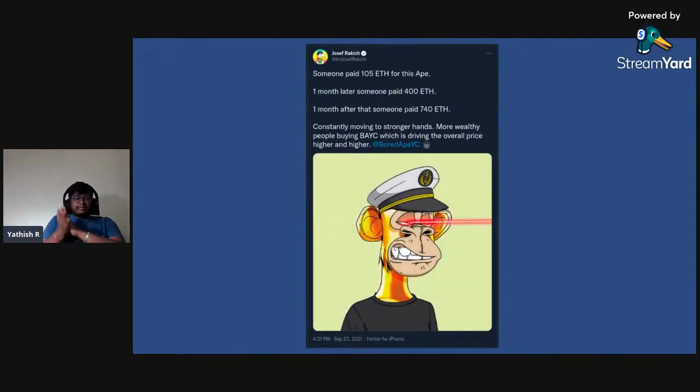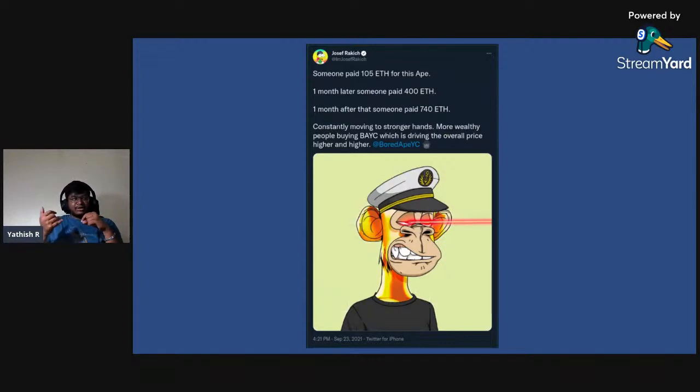This is the official tweet put out by the person who just bought this. To start with, this particular image was worth 105 ethers. After a month they sold it for 400 ethers. After another month they sold it for 740 ethers. Now this particular image is worth around 740 ethers. The next month the value is going to double.